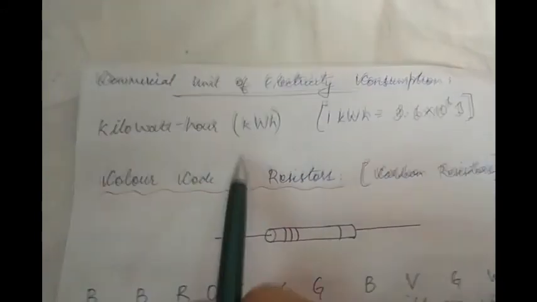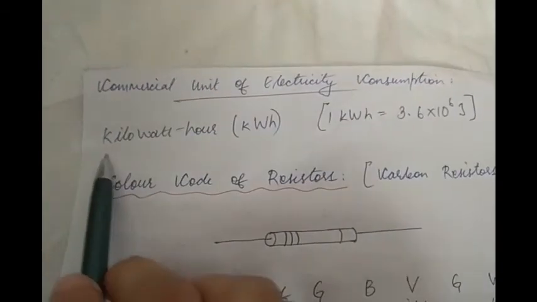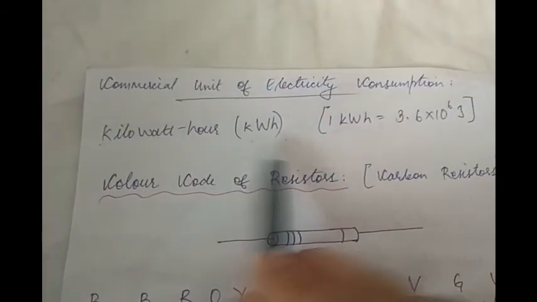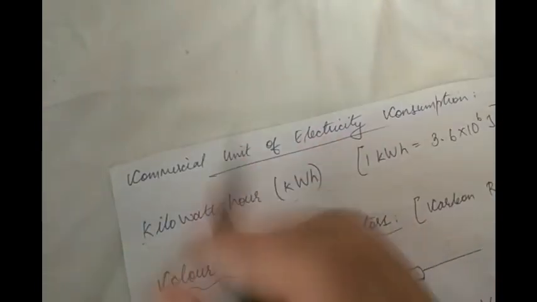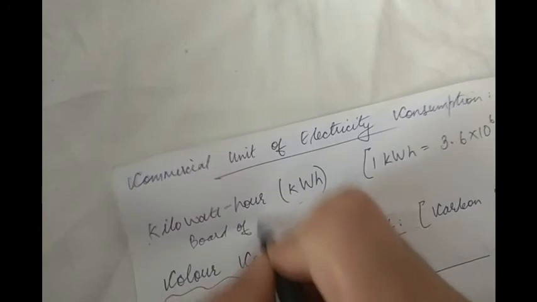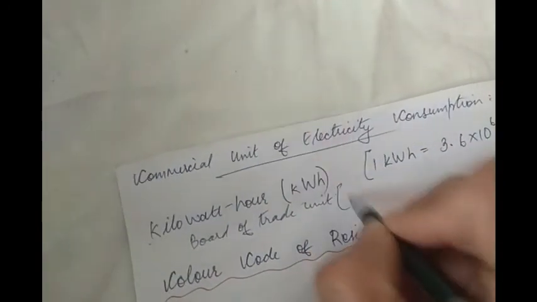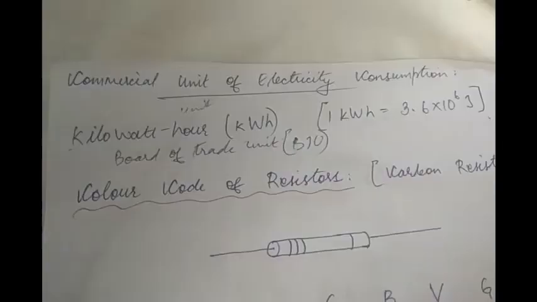Now this you already know again, the commercial unit of electricity consumption, which is kilowatt hour. Kilowatt hour is also called Board of Trade unit. You studied about this in class 10 also, BTU.